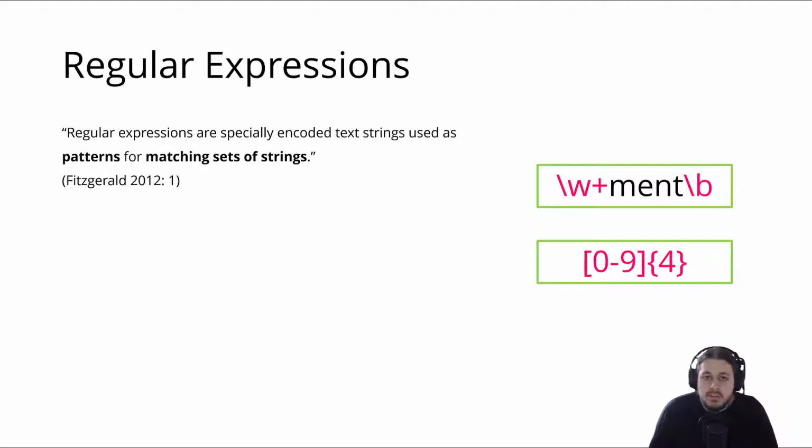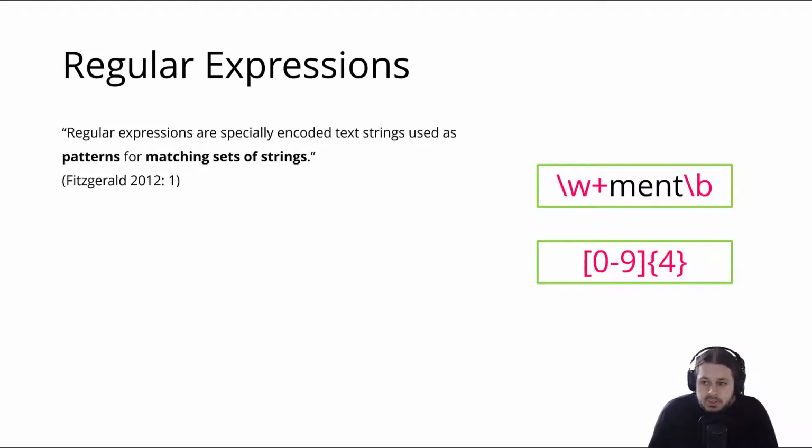So to the right here, you can see two regular expression patterns. And following this definition by Fitzgerald here, regular expressions are special encoded text strings used as patterns for matching sets of strings. And you can think of these patterns in terms of search terms.